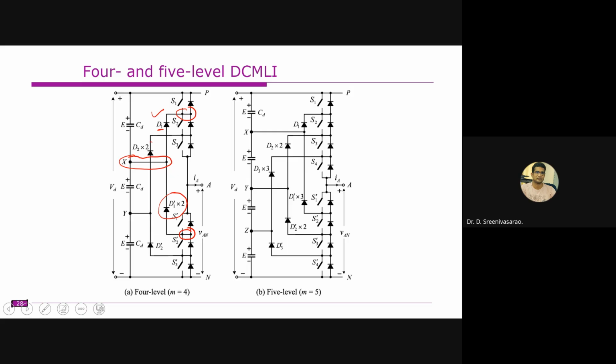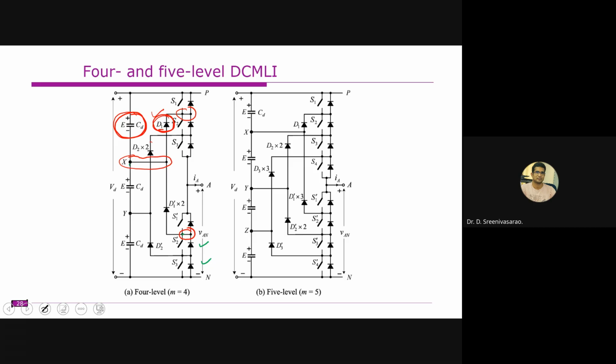Meaning this highlighted diode is supposed to withstand this voltage only, whereas this other diode is connected between this point and this point. That means if this is on and this is on, this is supposed to withstand the 2E voltage. That's why it is written as D1 into 2E.